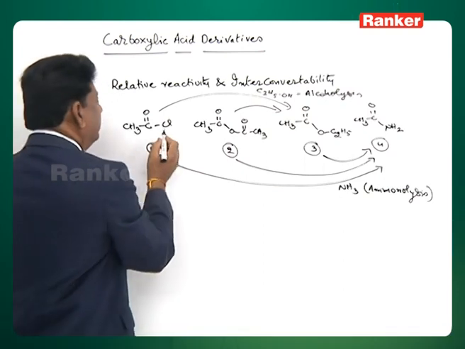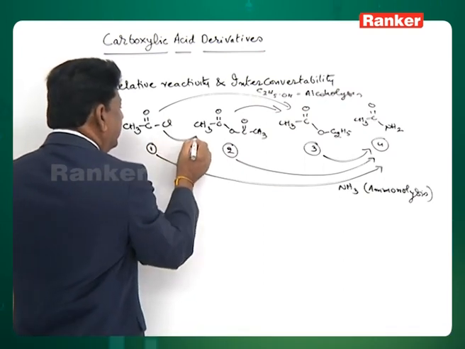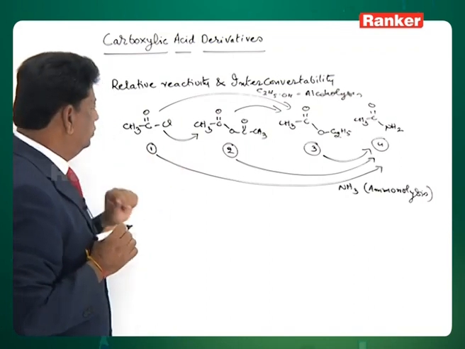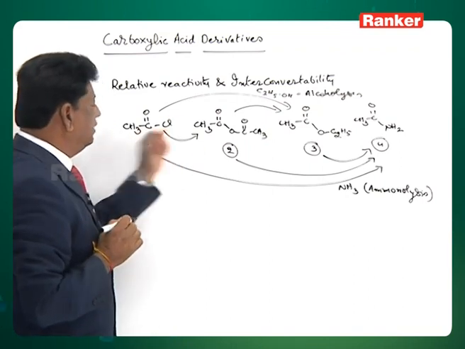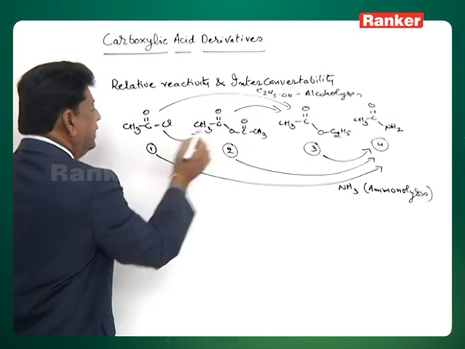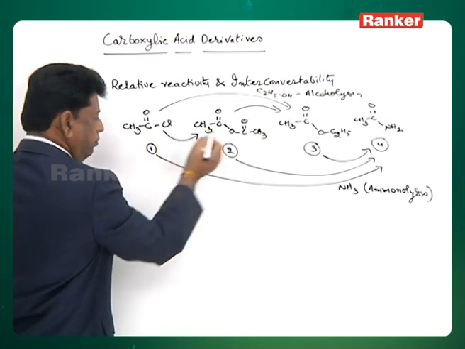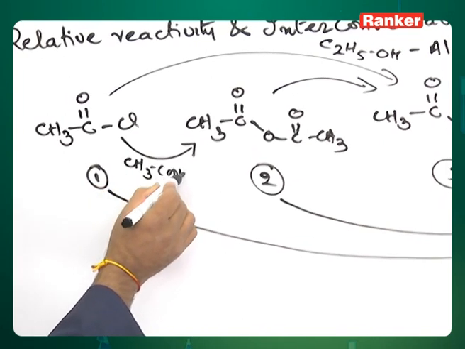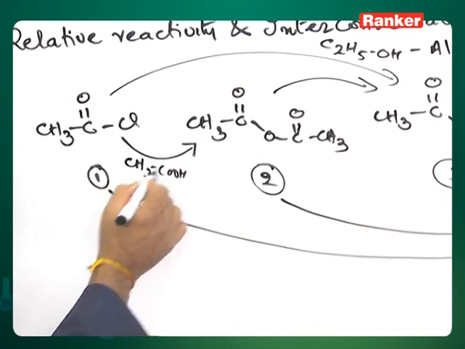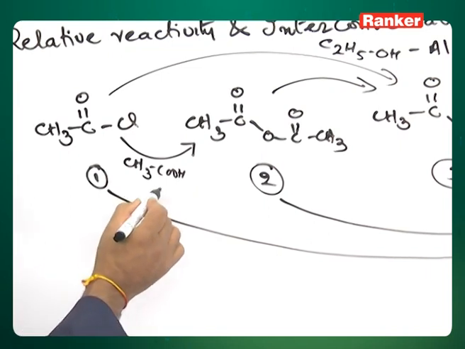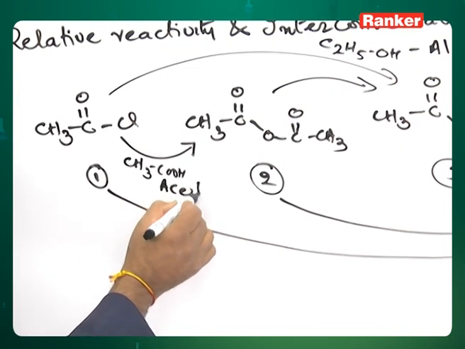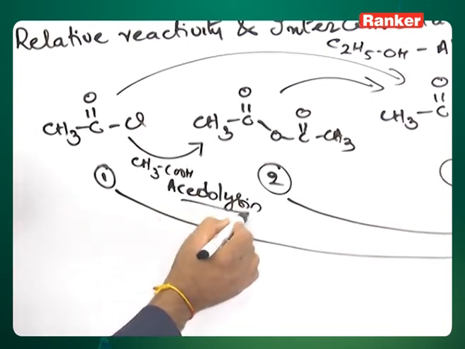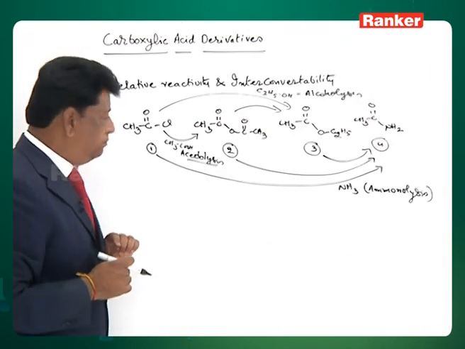Lastly, we have another point, that 1 can be converted into 2, isn't it? 1 can be converted into 2 by adding the corresponding acid like RCOOH, specifically acetic acid. You add acetic acid, then you get this one. This you can call acidolysis. Acid is added, so acidolysis. The word itself is novel.